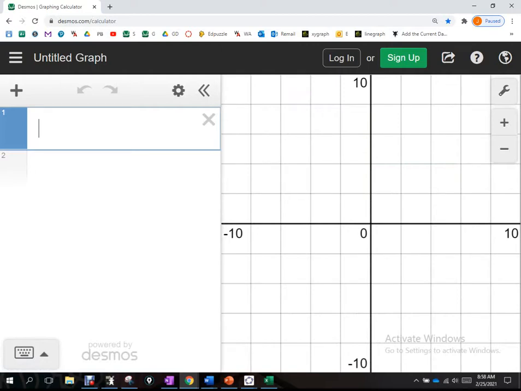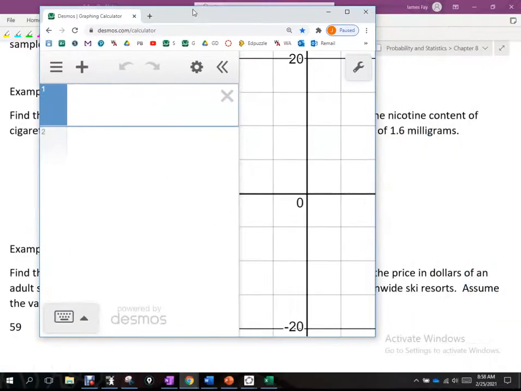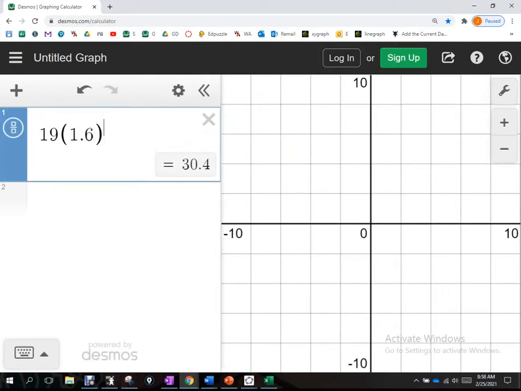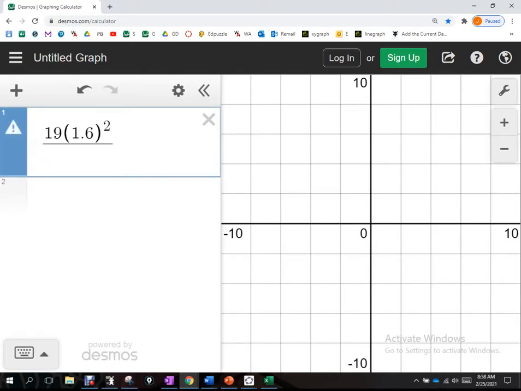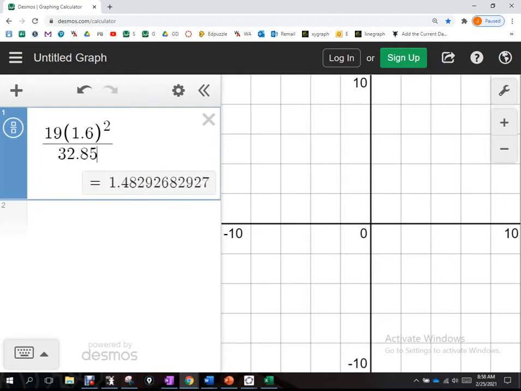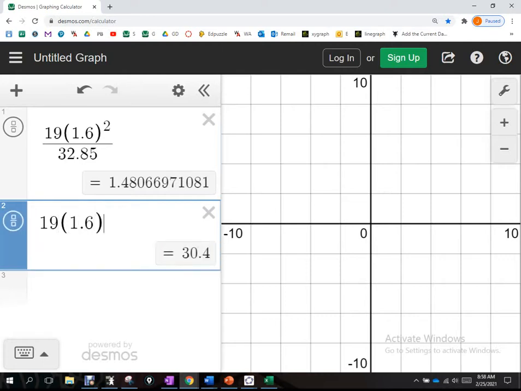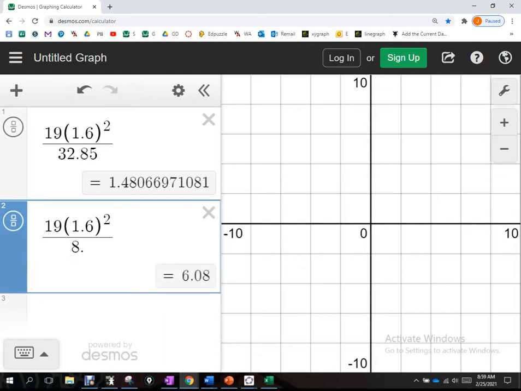So we go 1.6 squared, so it's 19 times 1.6 squared, and that's all then divided by the 32.85 number, and then it was 19 times 1.6 squared, all divided by 8.91.